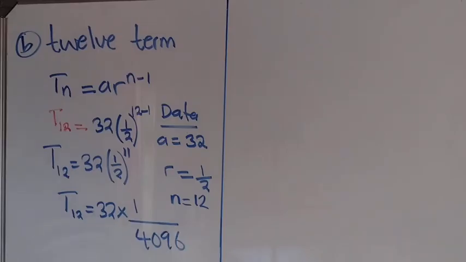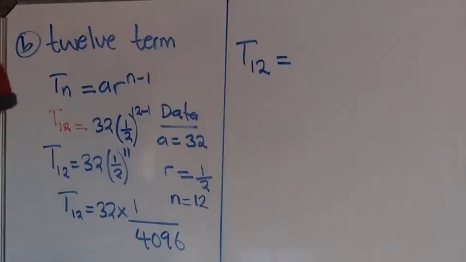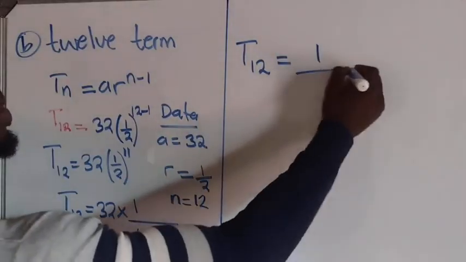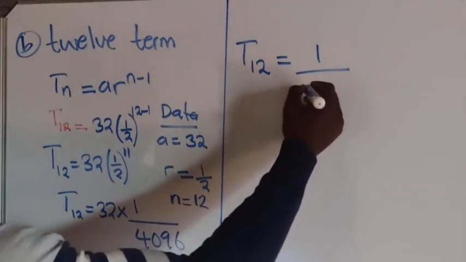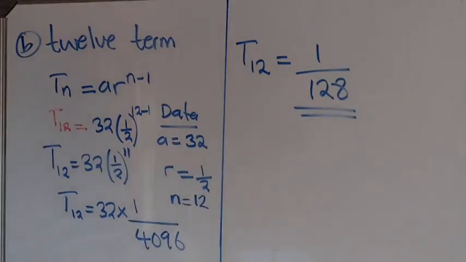So from here, you can also now find 32 times 1 over 4096. Once we punch everything on the calculator, it's giving us this. So we get our 12th term is equal to 1 over 128. I hope that you are also using your own calculator to get the same value.